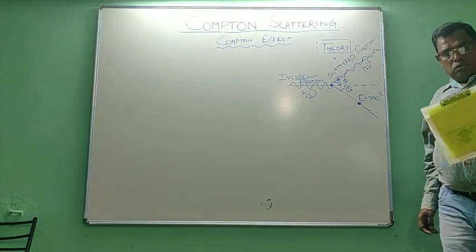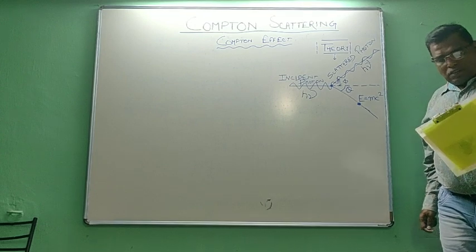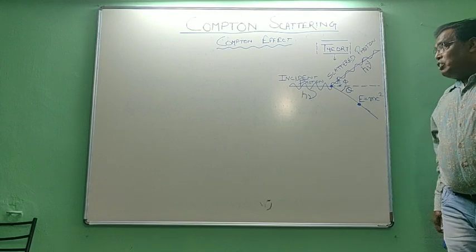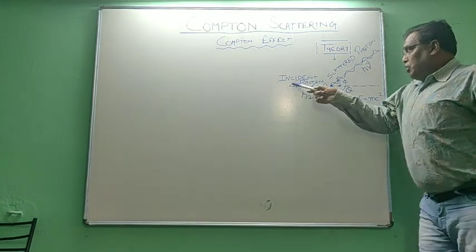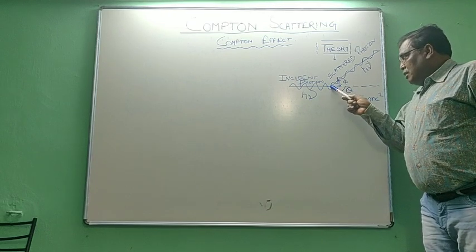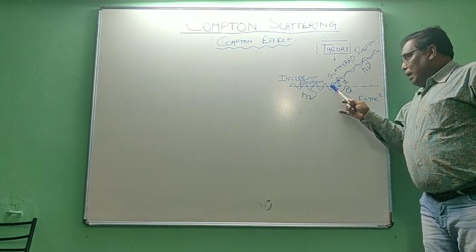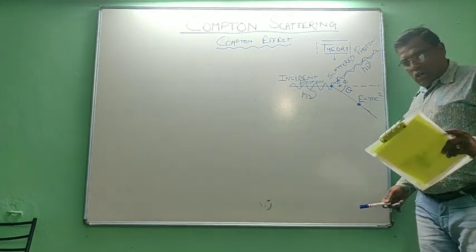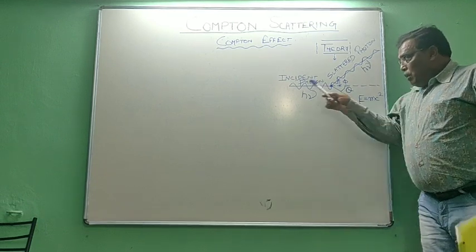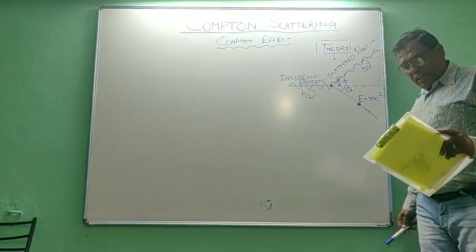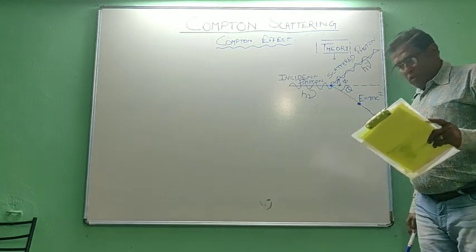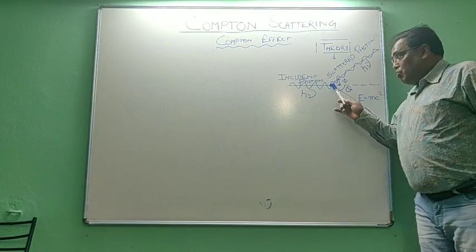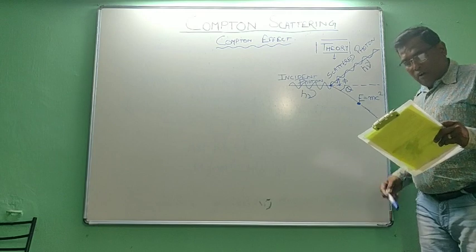During the collision, the photon gives a fraction of energy to the electron. This is the incident photon, and this represents one of the electrons of the scatterer. During this collision, the photon gives a fraction of energy to this free electron, and the free electron gains some velocity after collision.